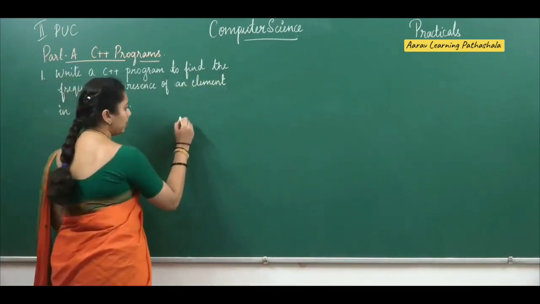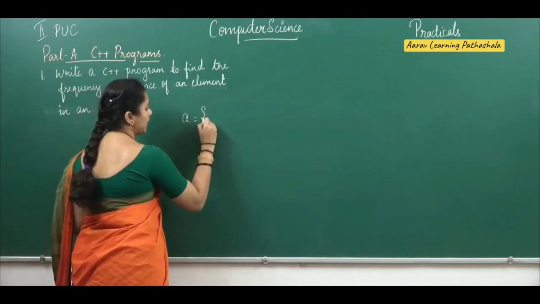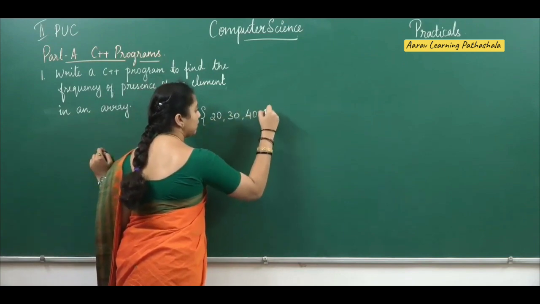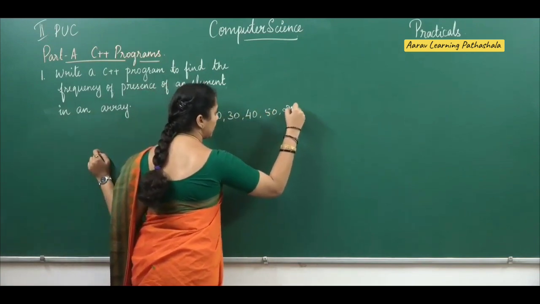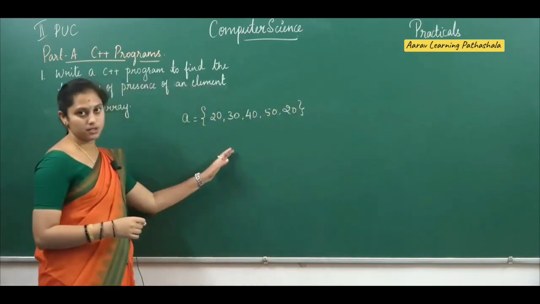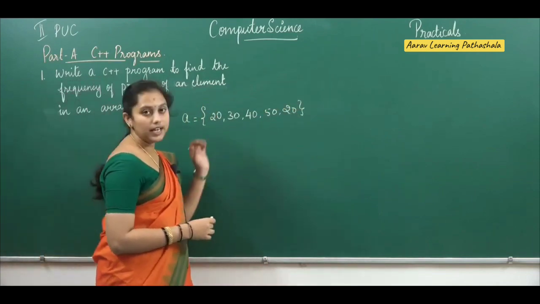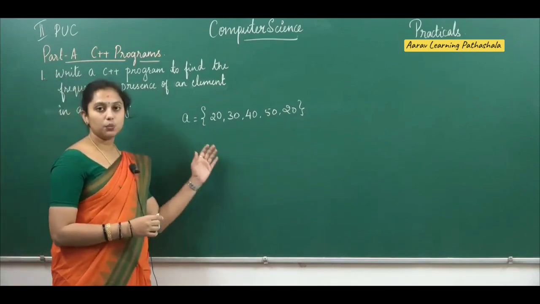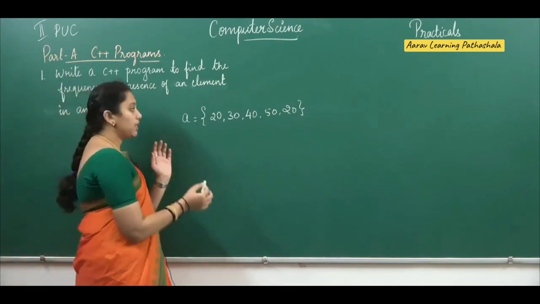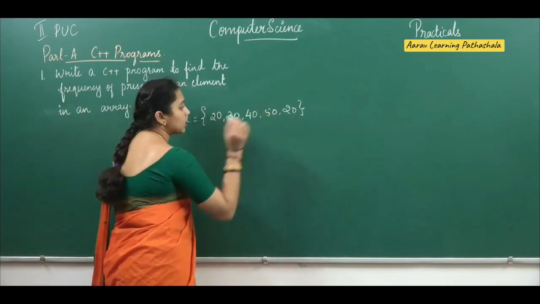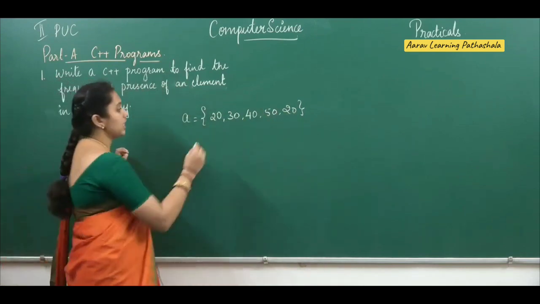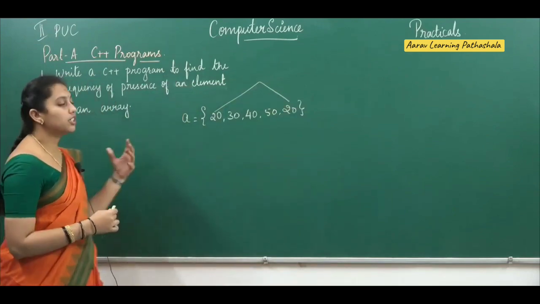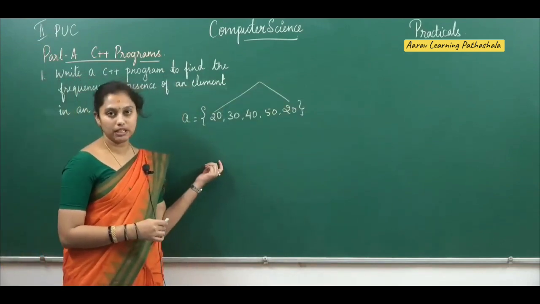Consider an example. Array A contains 20, 30, 40, 50 and 20 as its array elements. By seeing this, we can come to know that the presence of element 20 is 2. It is present twice in the array, right? So that is nothing but counting the occurrence of an element in an array.